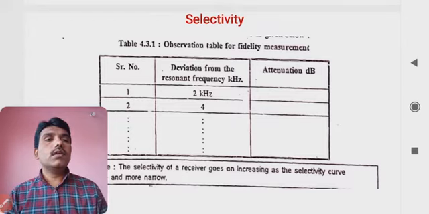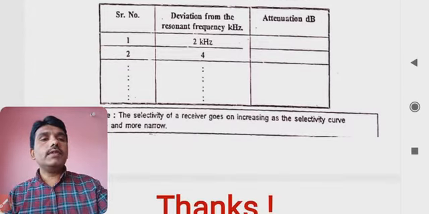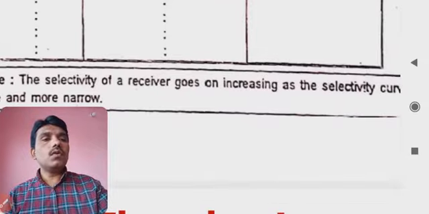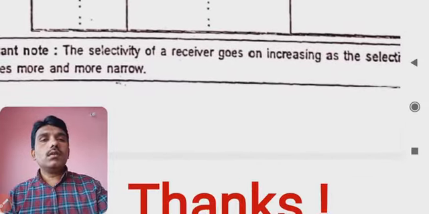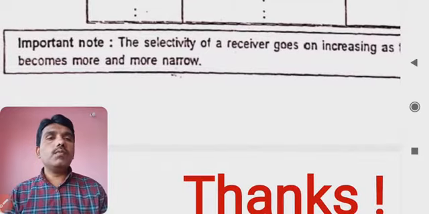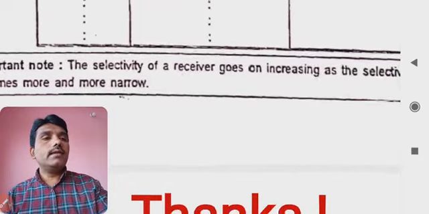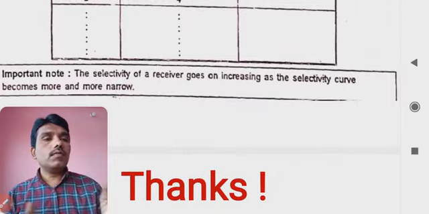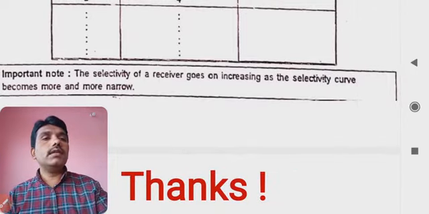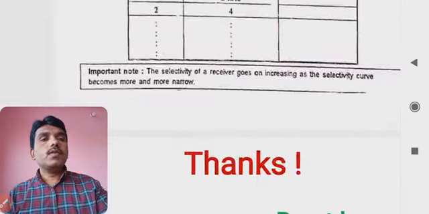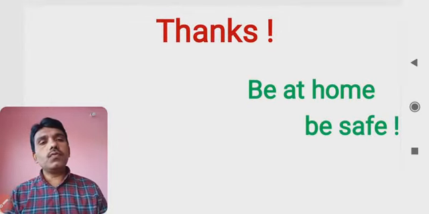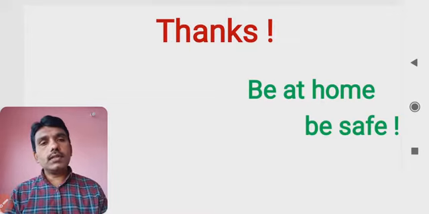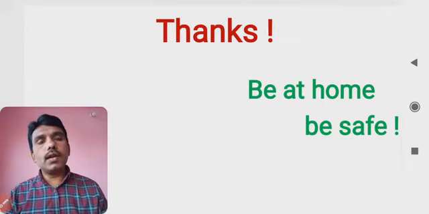The selectivity of a receiver increases as the selectivity curve becomes narrower, and a narrower curve shows an increase in selectivity. So the same circuitry is used for this other characteristic of radio receivers, called selectivity.